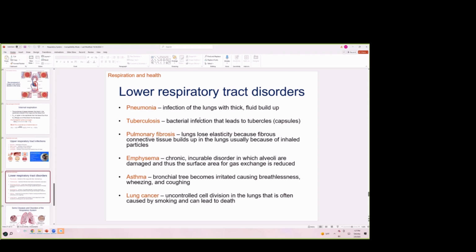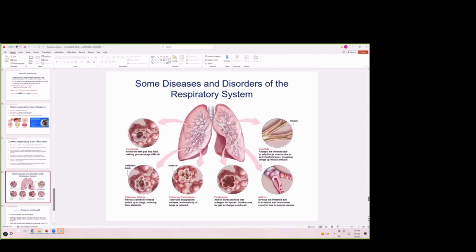And then you have fibrosis, where you have fibrous elastic tissue building up in the lungs. And then emphysema, where your alveoli are damaged. Asthma, where your bronchioles become narrow because they are inflamed or irritated. And then you have wheezing. And cancer, when the tissue starts growing in an uncontrollable manner.